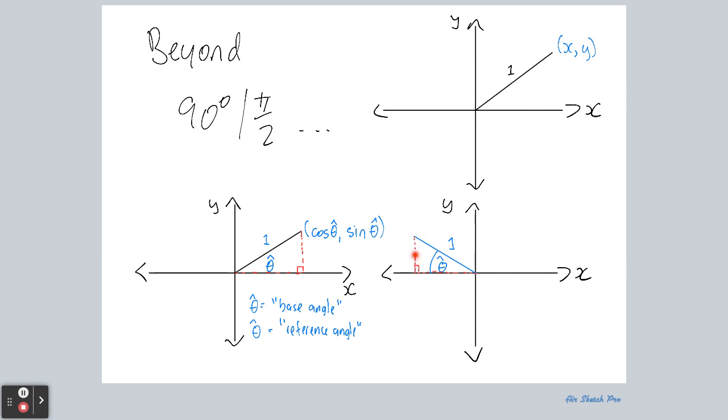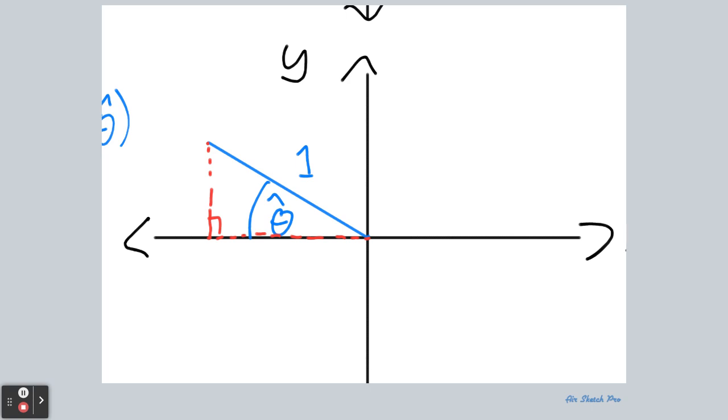And this would still be positive y because we've gone up the y-axis. So this, I might actually zoom in just to make it really clear for you, is negative x comma y. Negative x because we've gone back on the x-axis, and positive y because we've gone up the y-axis.